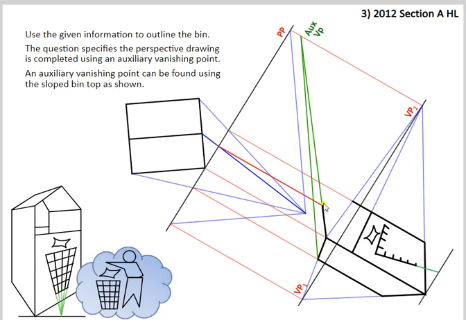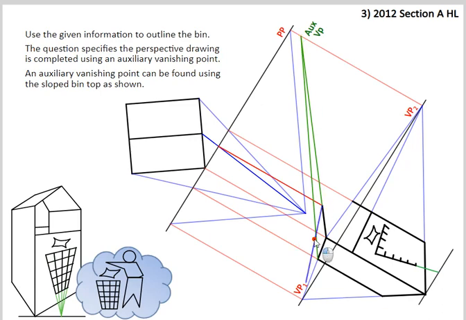So looking at this line here, it is connected to this edge here. So this is the edge here. This is sloping. It's parallel to this vanishing point. So it means directly above this vanishing point there would be an auxiliary vanishing point. So what we've done in the question here is extended this line until it hit this line, and this is our auxiliary vanishing point.